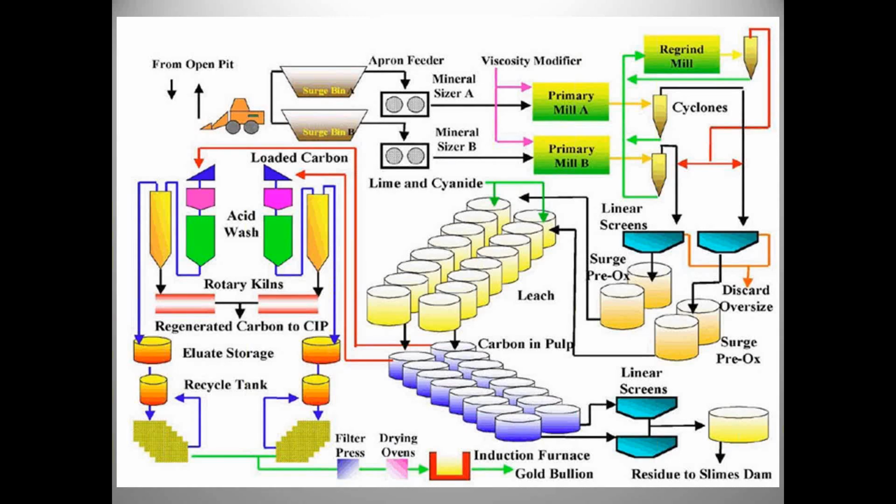If we look at this process here, lots of components, lots of things in this process. But which one of these components here, or which one of these different processes here are the most critical? So let's say we go down on the left-hand side of the screen and we look at these rotary kilns. Rotary kilns in this operation are rather large.